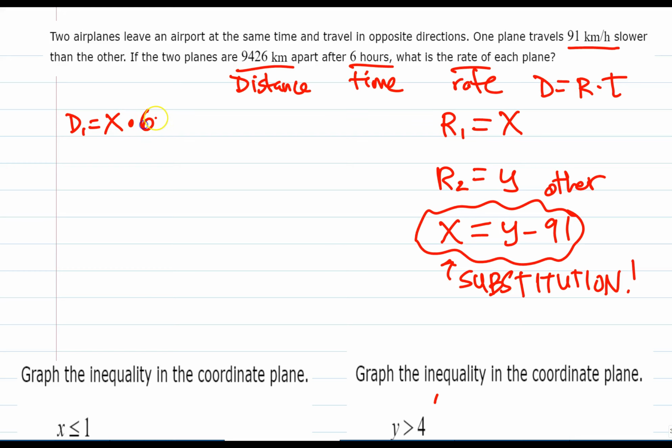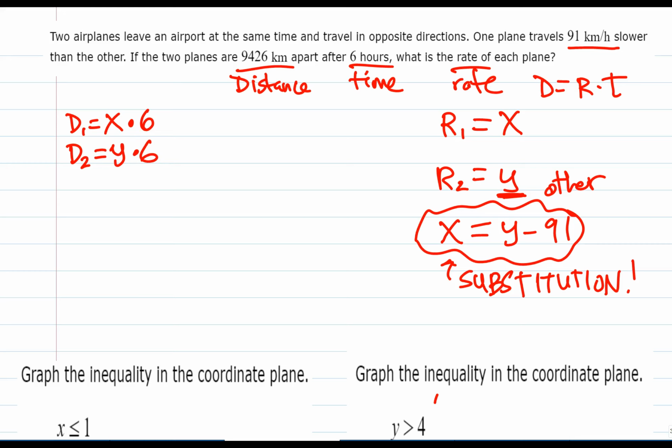There we go. Do we know the second one's distance? They didn't give us the total distance. We'll deal with that in a second, right? Do we know the second one's rate? So we called it what? Times, what's the time? Okay?